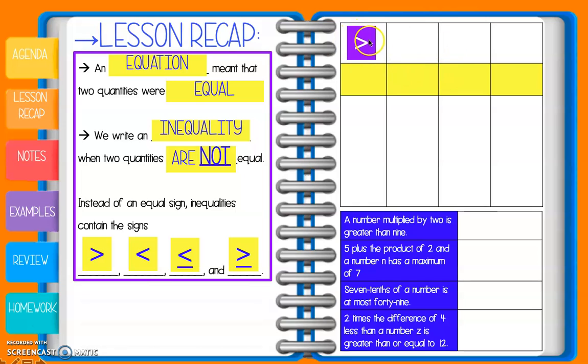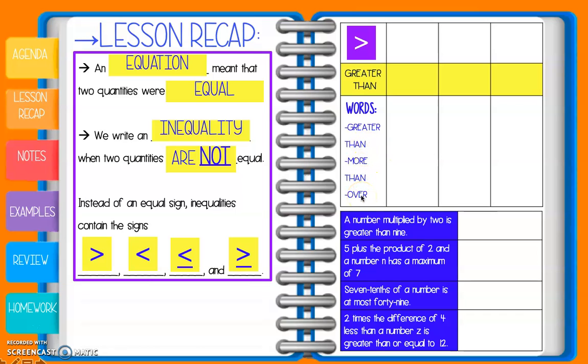If the mouth is pointing this way, it means whatever is on this side is greater, whatever is on this side is less. So we have greater than, and some words that mean greater than are words like greater than, more than, over.